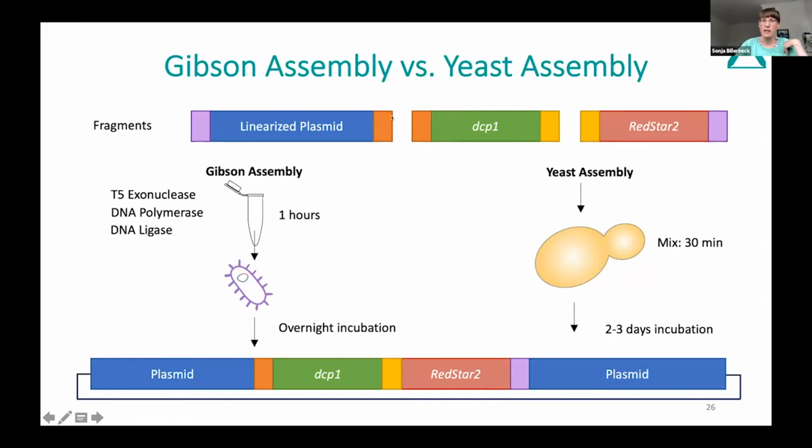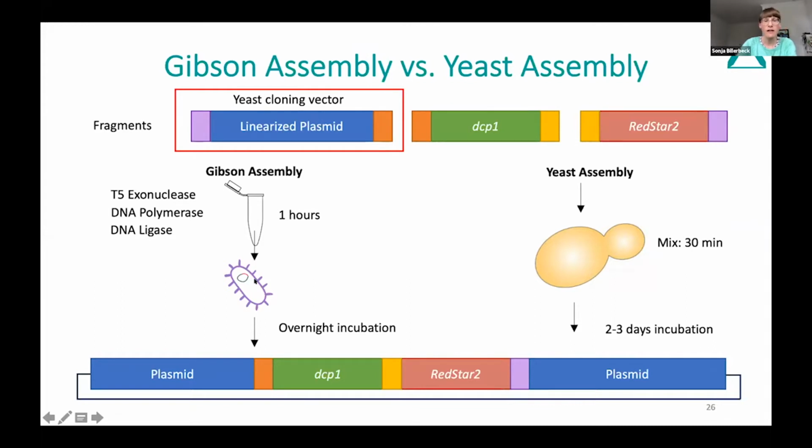With yeast assembly, you use the same fragments, you mix them all together with the yeast strain, and I'm going to go into a little bit more detail on how that reaction is set up. Then you transform that, and after 2 to 3 days, you get colonies on your plate. And then again, you need to confirm that you have the assembled plasmid. The one difference you need to keep in mind is that here you really need to work with a yeast cloning vector.